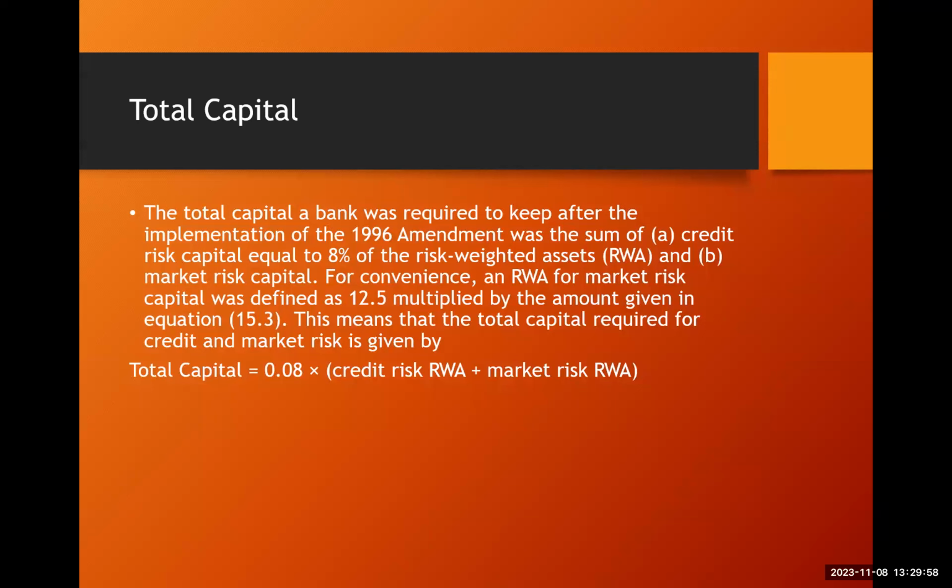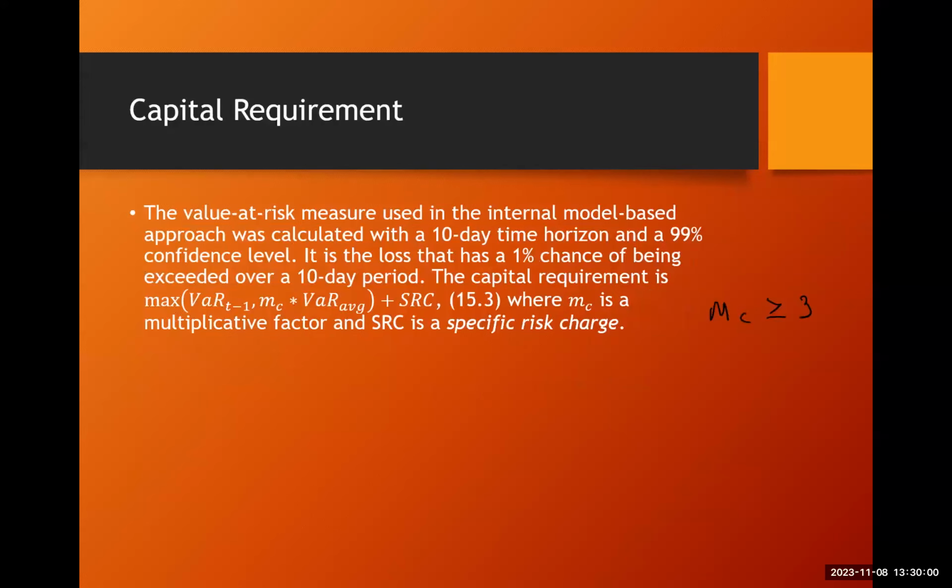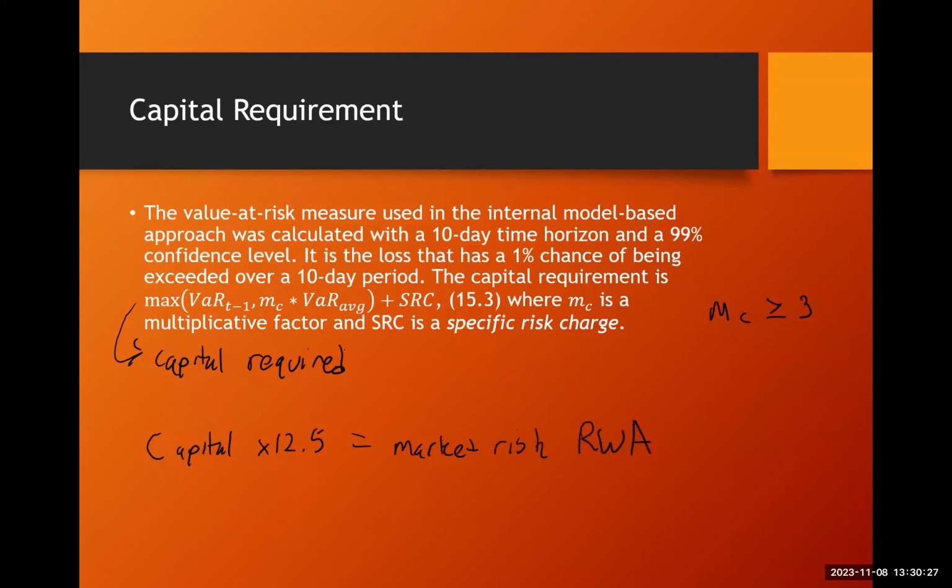But one thing to note is that in this example here, this is the capital required. If you multiply the capital times 12.5, you get the market risk-weighted assets.